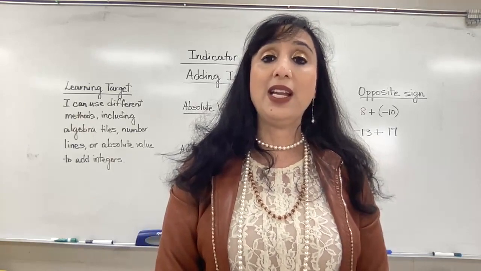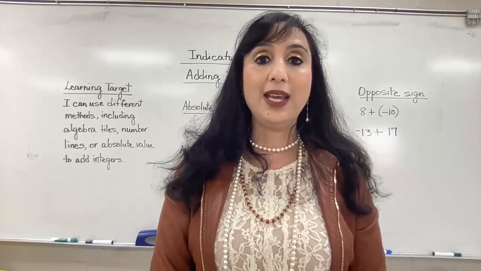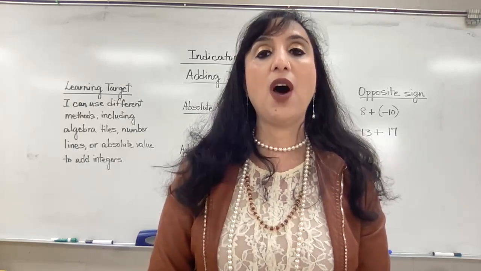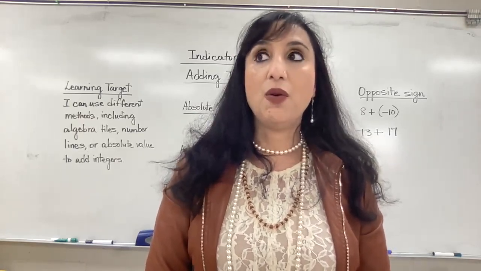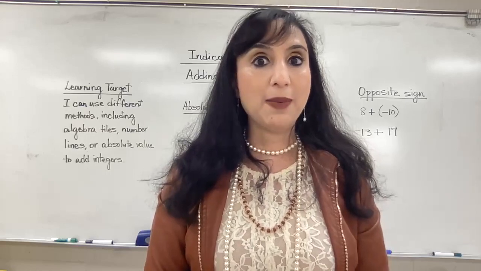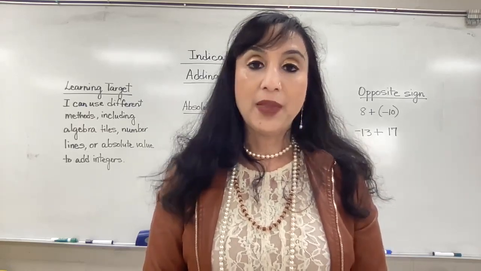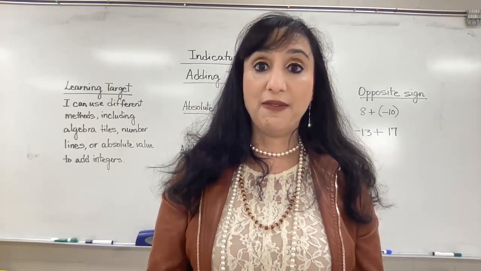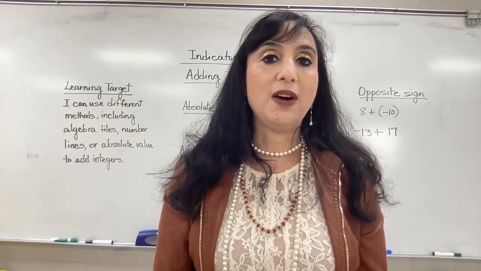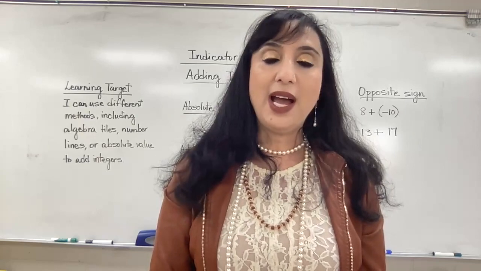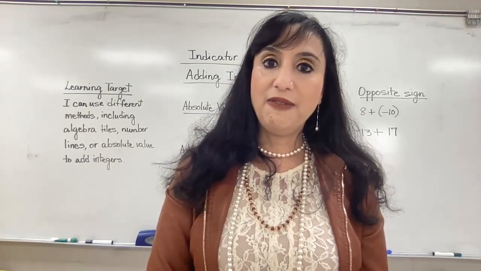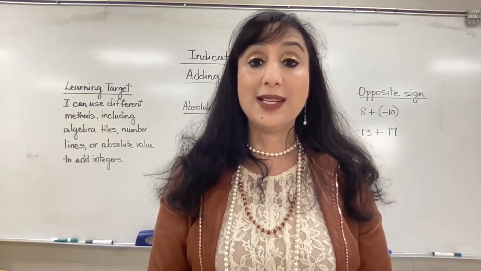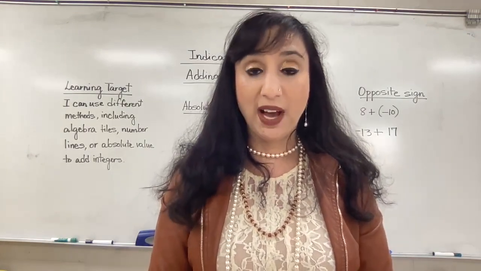An absolute value is nothing but the distance of a number from zero on the number line. So if I say, what's the absolute value of 5? The distance of 5 from zero on the number line is 5. What's the absolute value of negative 5? The distance of negative 5 from zero on the number line is also going to be 5.